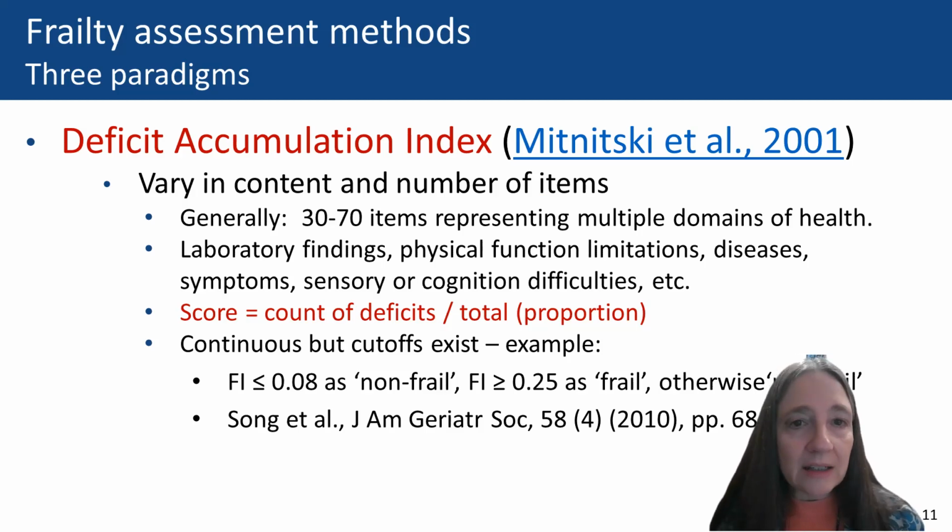And that's often taken as a benefit of this measure. But cutoffs do exist. So for example, one publication defined less than 0.08 as being non-frail, greater than a quarter of the deficits experienced as frail, and in between as pre-frail.